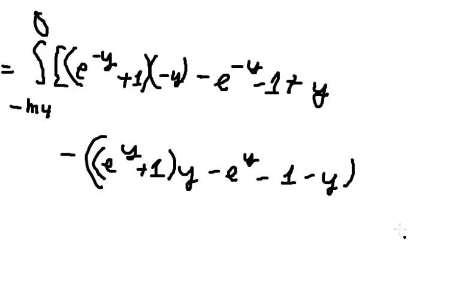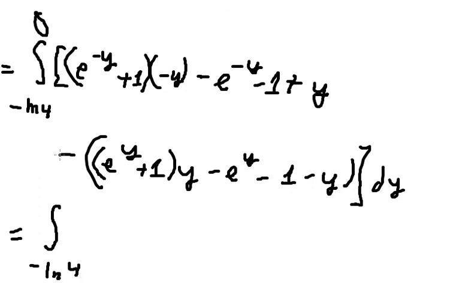And now we need to simplify this one. So we have negative y e to the power of negative y. So negative y with positive y they cancel.